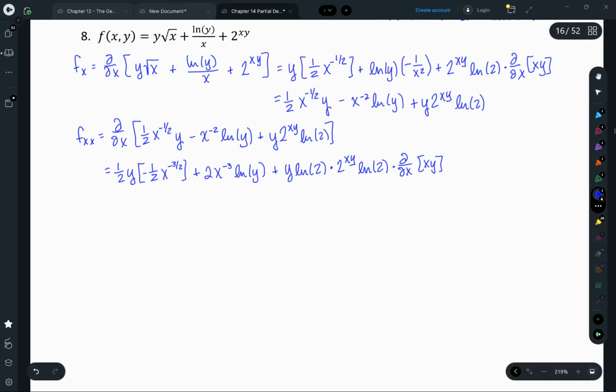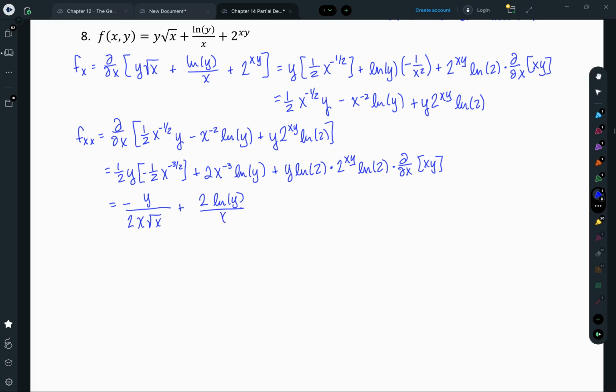Okay, cleaning this up a bit, and I'm going to clean it up fully here. So the first term gives me a negative y on top. In the bottom, I have a 2, and then an x to the 3/2 downstairs is what it would look like, and that can be written as x square root of x, plus 2 ln of y over x cubed, plus, okay, now when I take that derivative of xy with respect to x, I get another y.